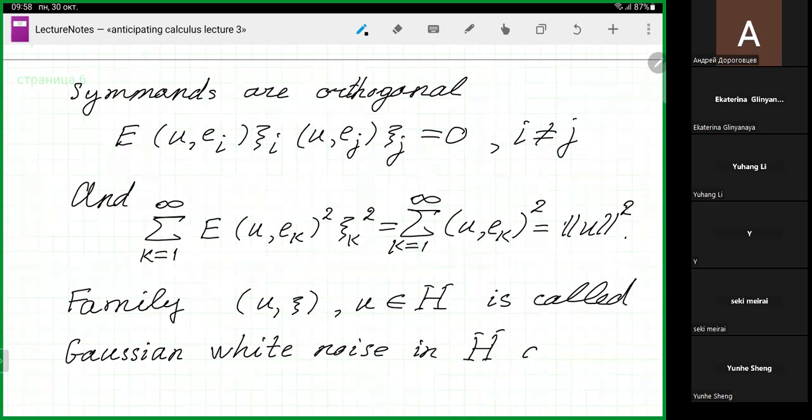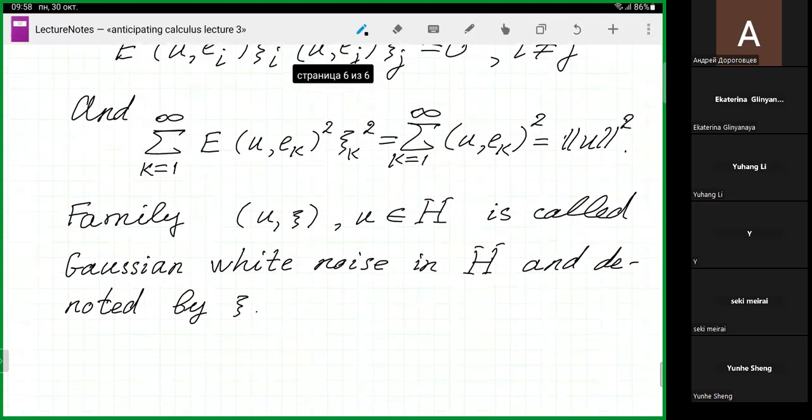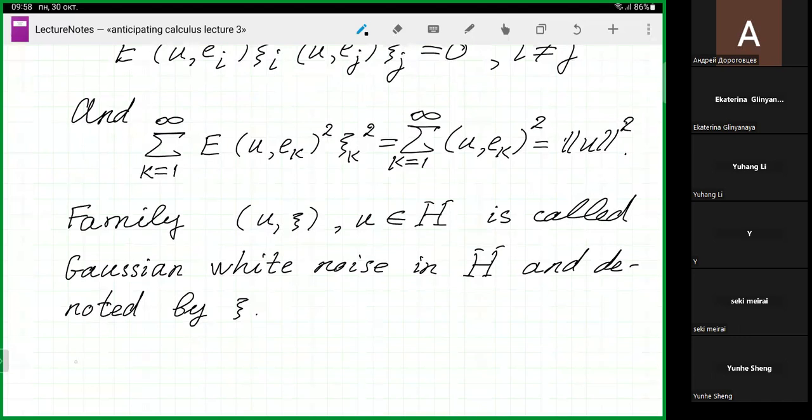and denote it by Xi. So we have such a family of random variables, and we call this family Gaussian white noise in H. Properties.